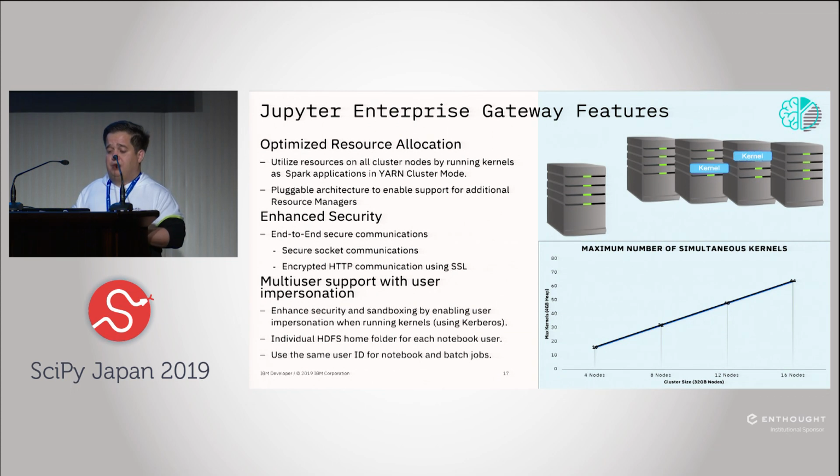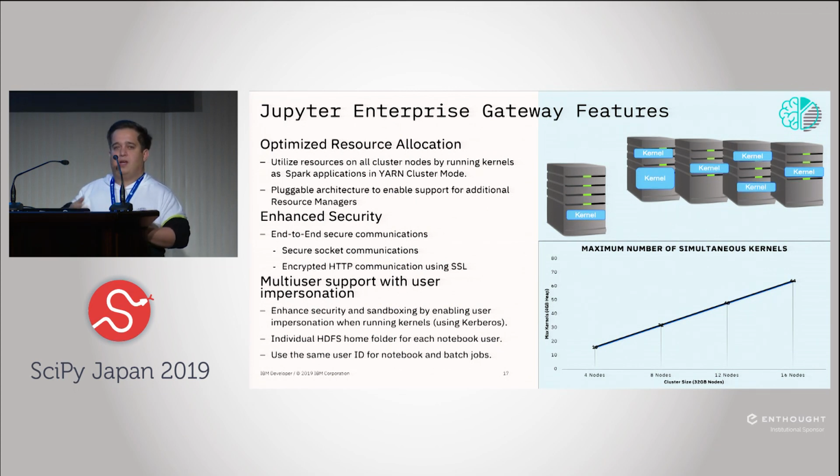So what are some of the Enterprise Gateway features that we focused on when we started creating the project? We wanted to make sure that we optimized resource allocation across the cluster. When we spawn a kernel, like a Python kernel for you, we can spawn that in different nodes of the cluster.